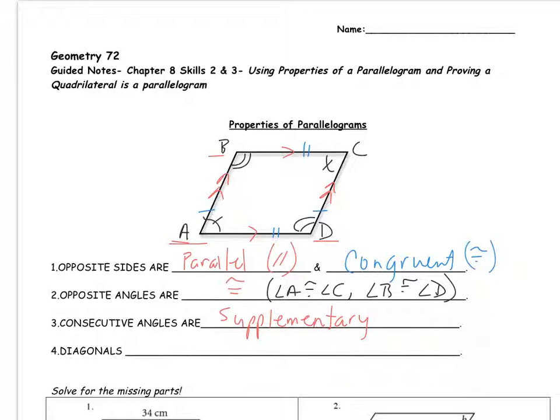If angle A was 60 degrees, what would angle B be? 120. Based upon the fact that opposite angles are congruent, angle D is now 120 degrees and angle C is 60 degrees. So when we talk about consecutive angles, it works left and right as well as up and down. It works both ways.